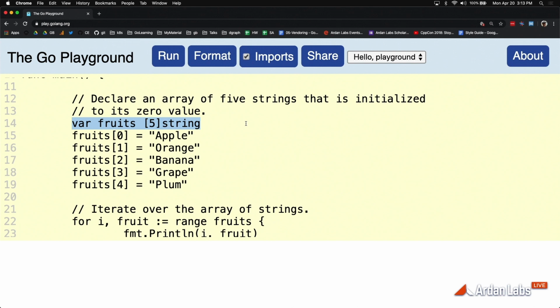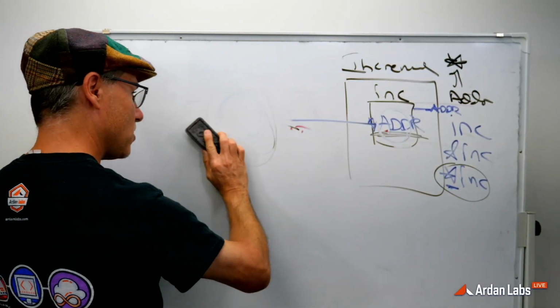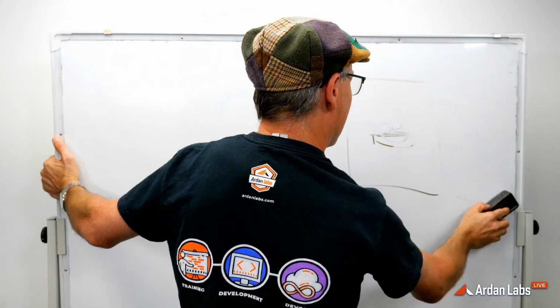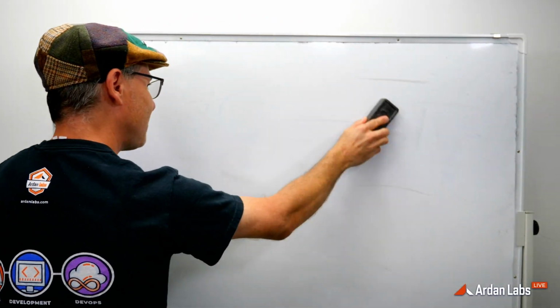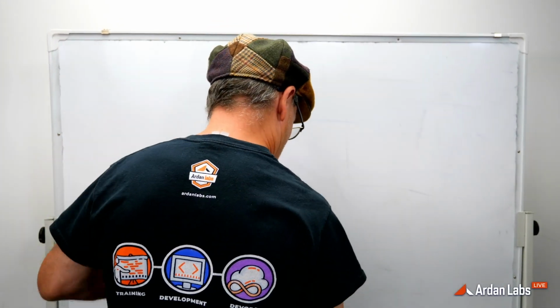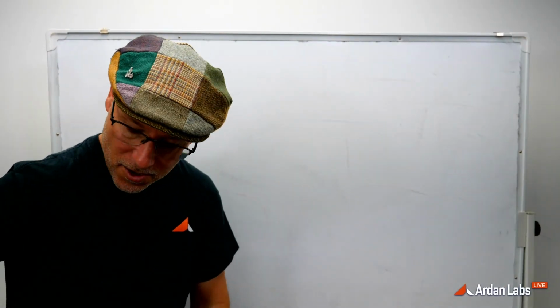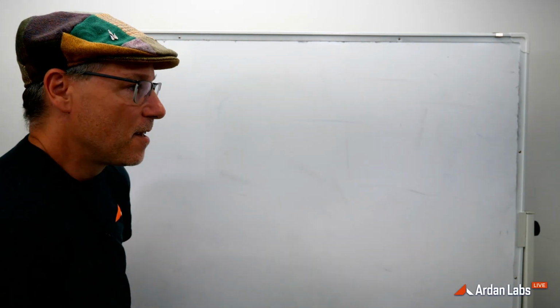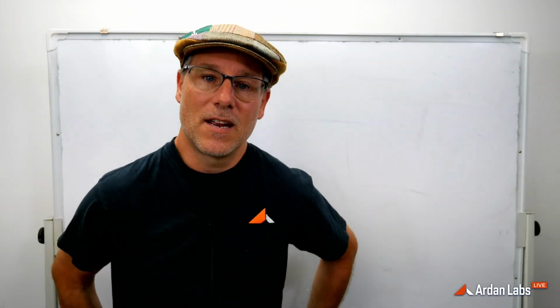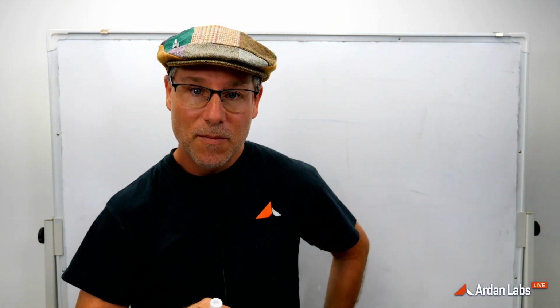And one of the cool things about an array, come to the board for a second, just to note, and it becomes much more important later on. I'm sure you know this already, but it needs to be said. An array is a data structure that lets you allocate a contiguous block of memory.